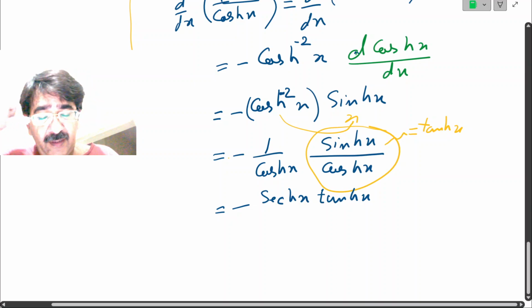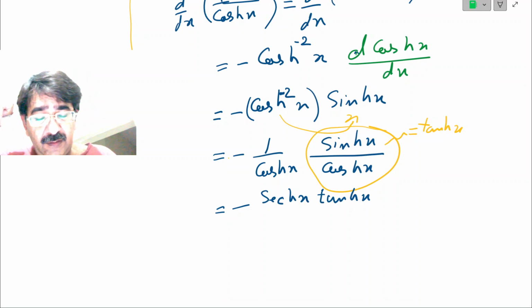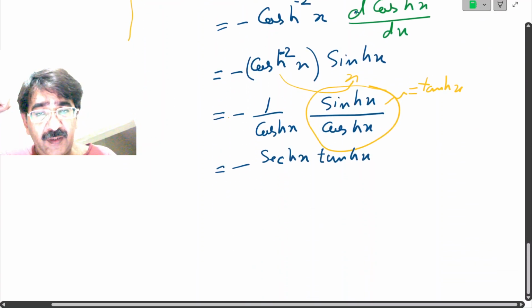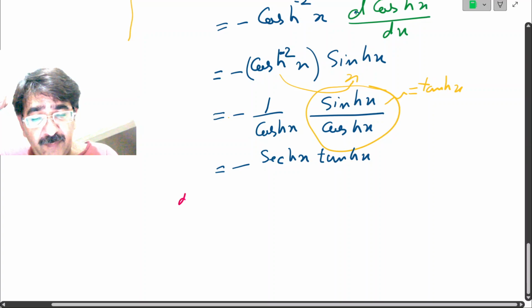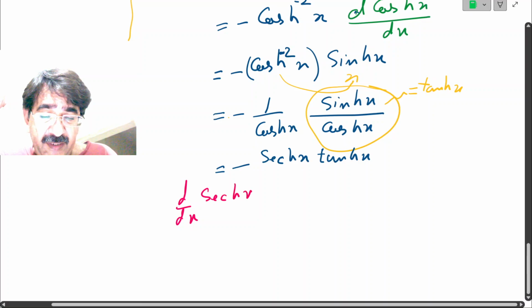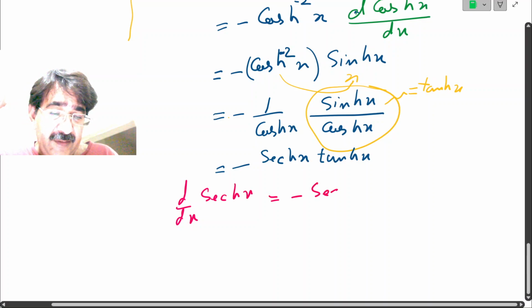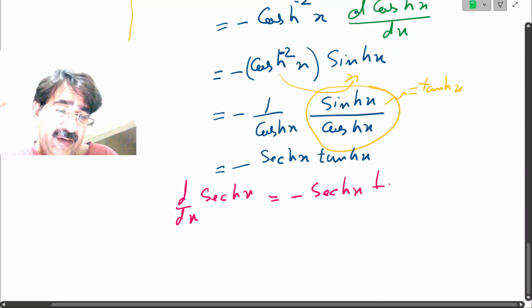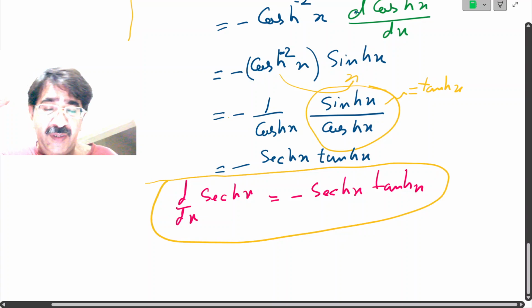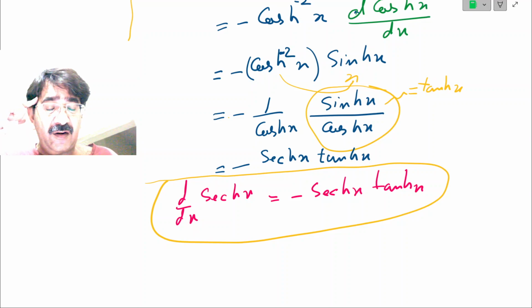So I may write the result: d by dx of secant hyperbolic x is equal to minus secant hyperbolic x tan hyperbolic x. This formula is different from the simple secant, because the simple secant derivative is secant x tan x.